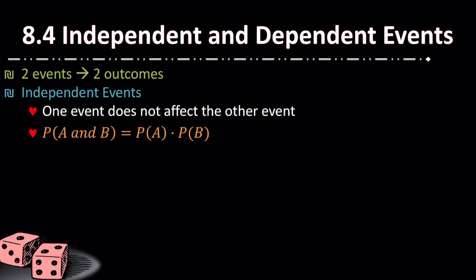The probability of A and B both occurring is just the probability of A occurring times the probability of B occurring.